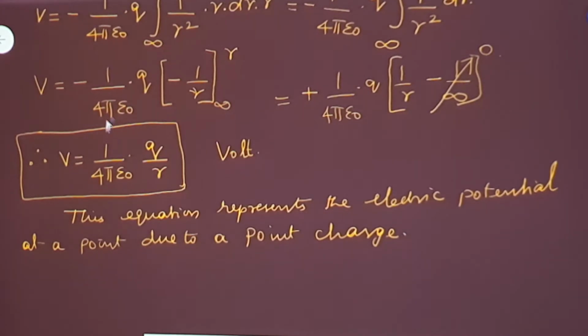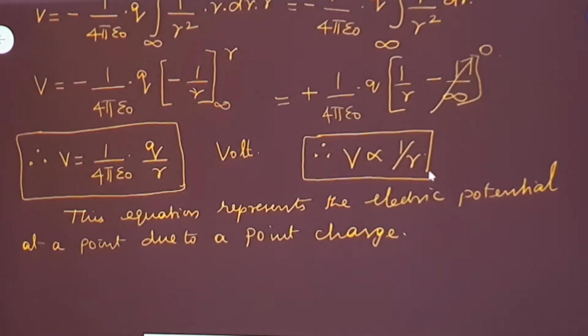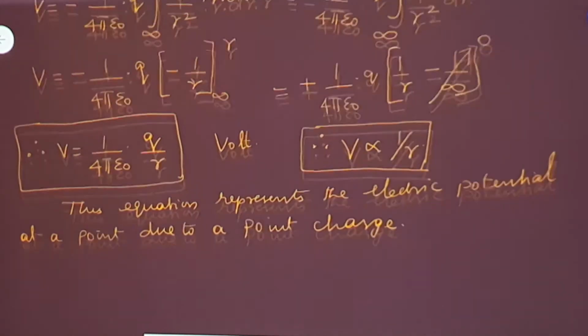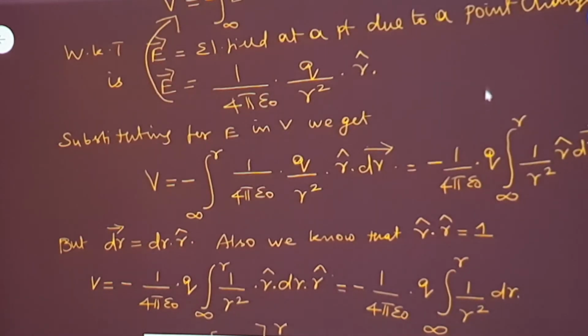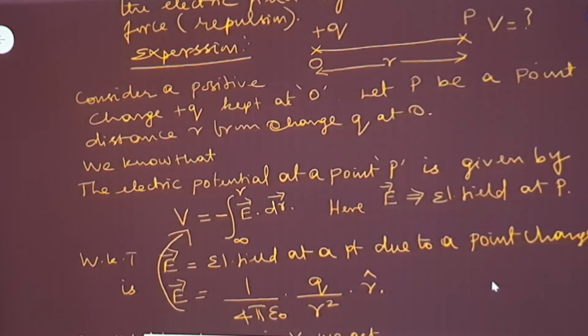See, from this we can say V is inversely proportional to the distance from the point charge to the point where I have to calculate the potential. Now, after studying this expression, if you want to recall, when I am taking the electrical potential at a point, what is the definition?